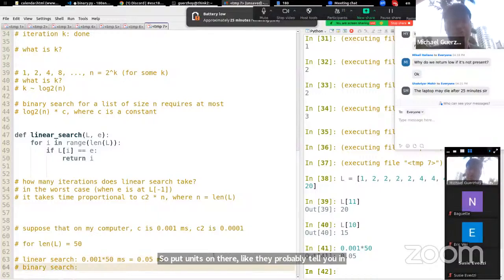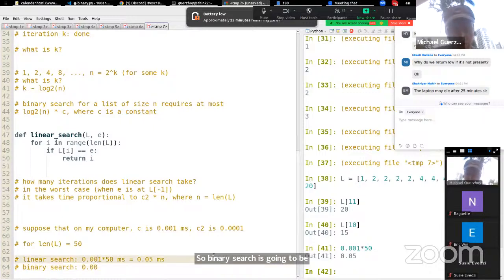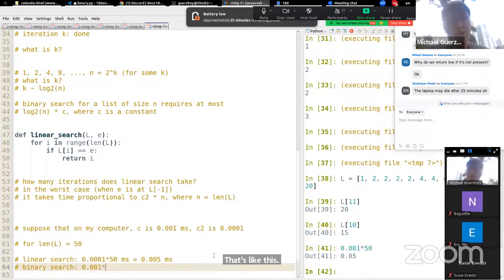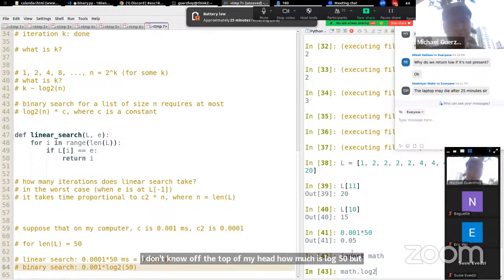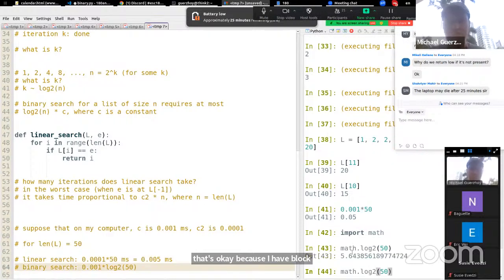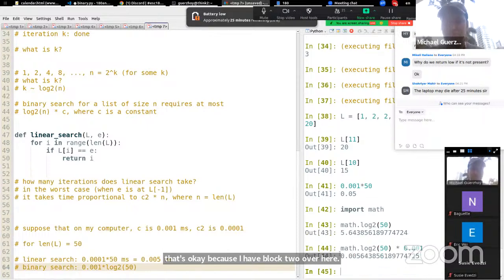So binary search is going to be 0.001 times log 250. I don't know off the top of my head how much is log 250, but that's okay because I have log 2 over here. And I can multiply it by this much. That's going to be actually about the same already.